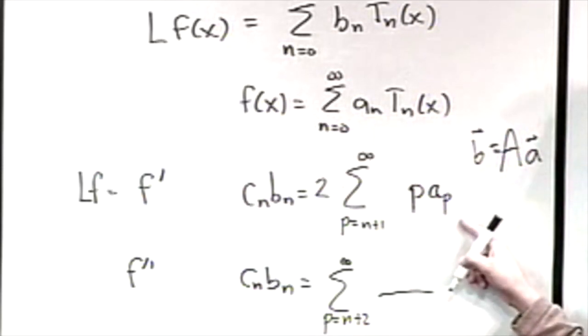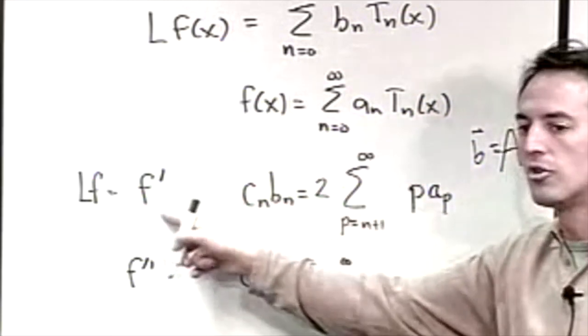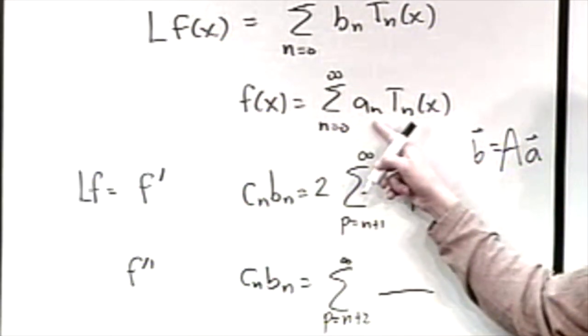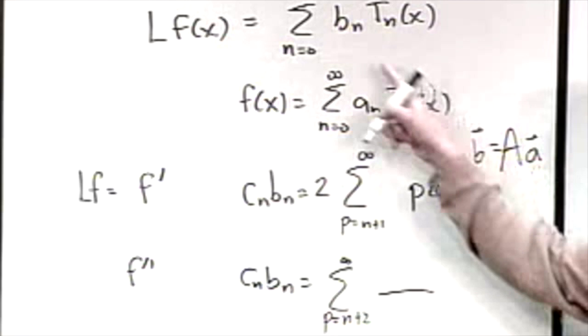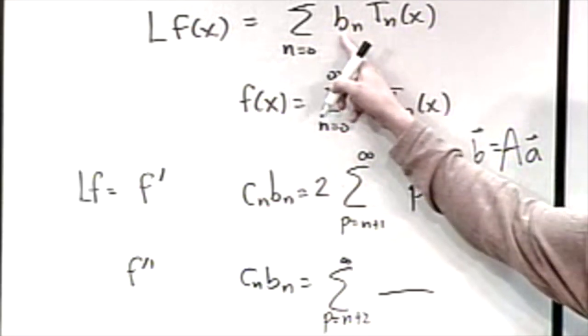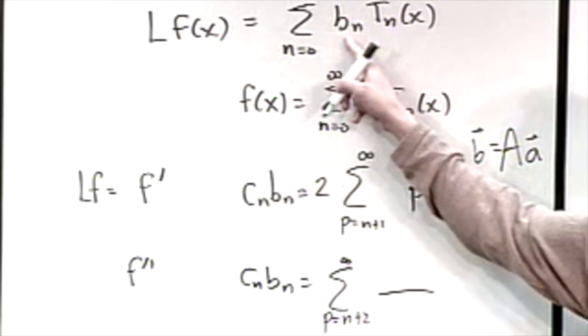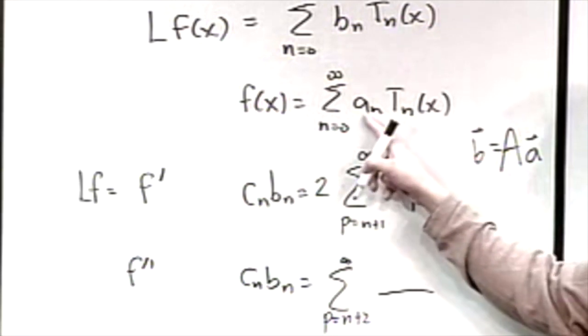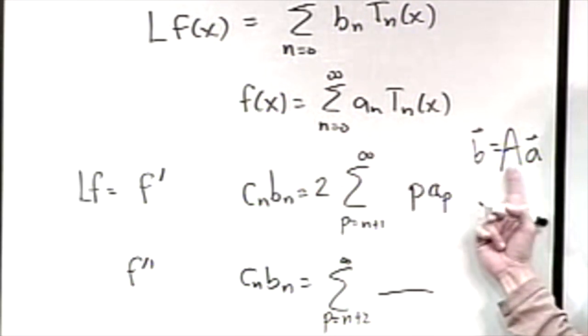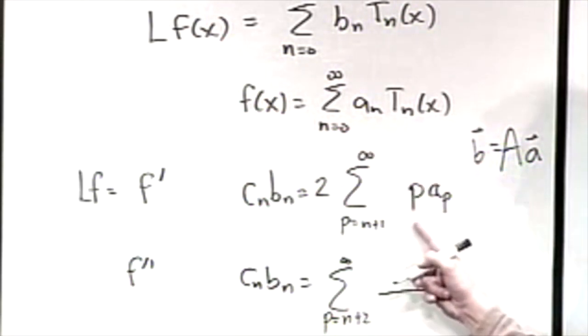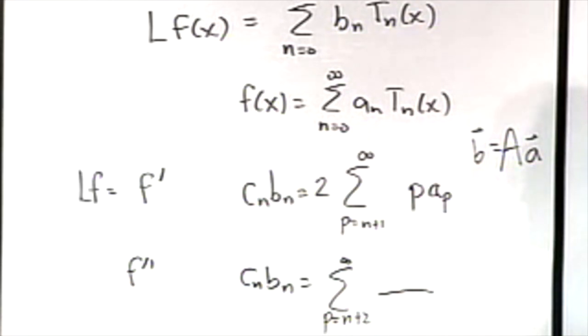That's the point of this whole thing. If I want to find the derivative, I know what the function is. I need to know these new b values for the derivative. I can get them from the a by multiplying them by some appropriate matrix, whose coefficients are determined from this sum. That's it.